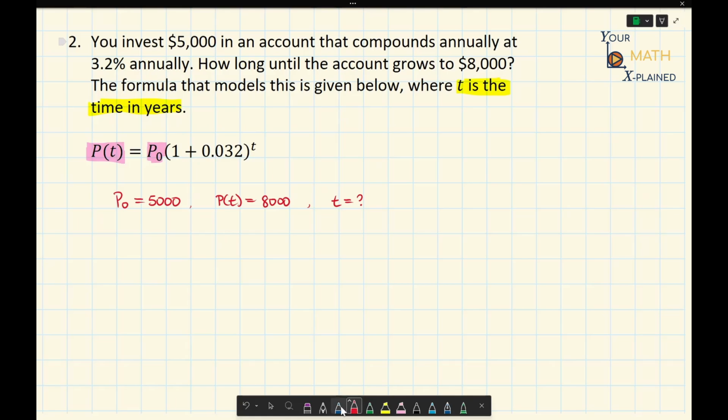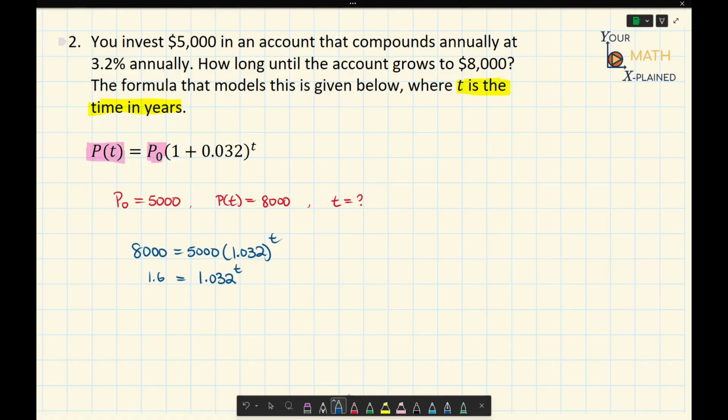So to solve for this, we're going to substitute the values into the original equation. So then we get 8,000 is equal to 5,000 times 1.032 to the power of t. Dividing both sides by 5,000 is going to give us 1.6 is equal to 1.032 to the power of t.